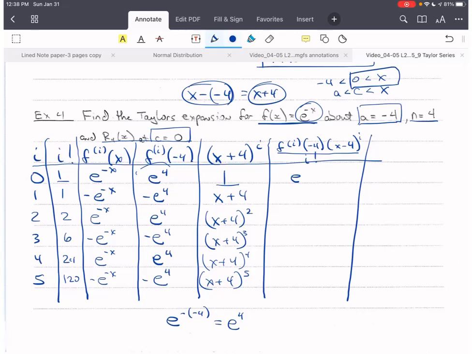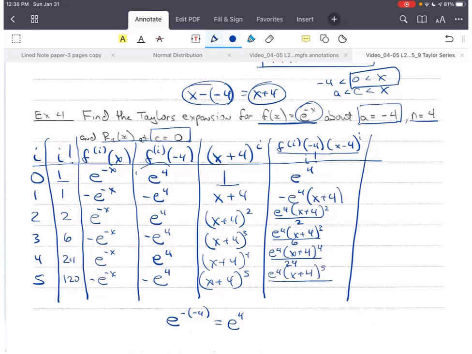So I'm just going to have e to the 4th, and here I'm going to have negative e to the 4th (x plus 4), e to the 4th (x plus 4) squared over 2, e to the 4th (x plus 4) cubed over 6, e to the 4th (x plus 4) to the 4th over 24, e to the 4th (x plus 4) to the 5th over 120. I don't really need this term, but we're going to leave it in there.